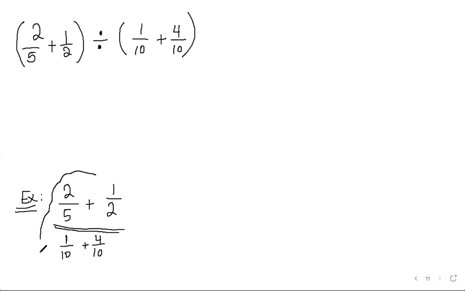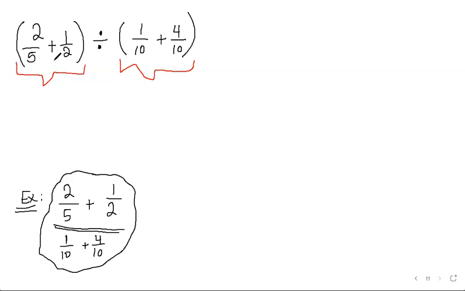I changed it to a different form. Now I need one fraction here. I simplify this one to one fraction, simplify the second one to one fraction, then I divide both of them.